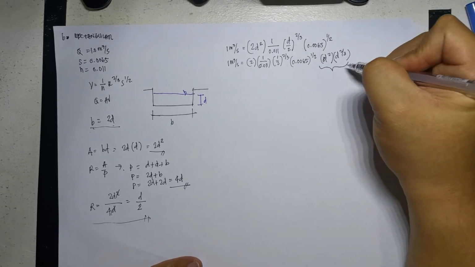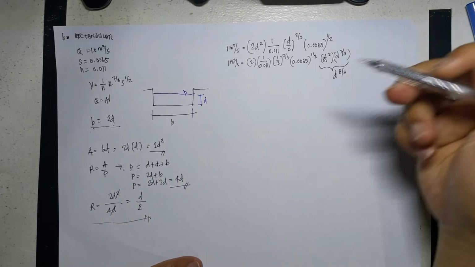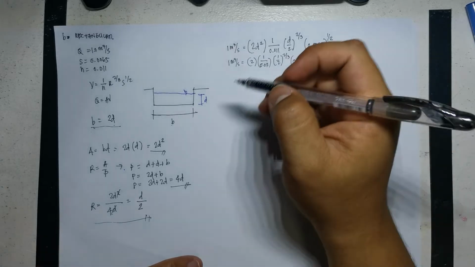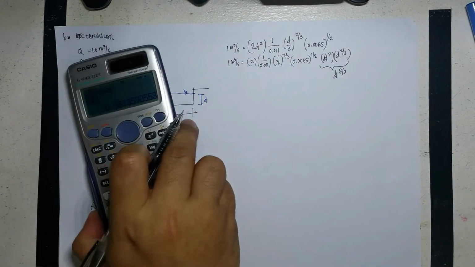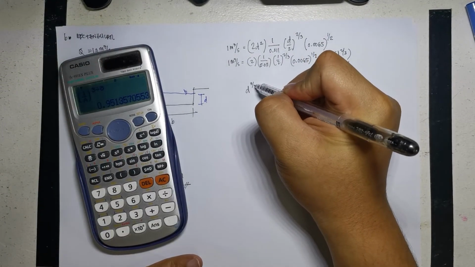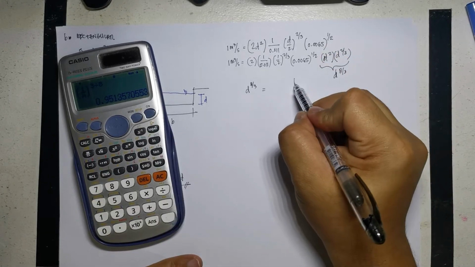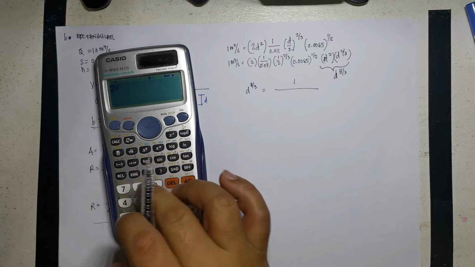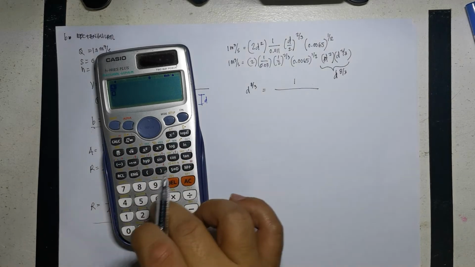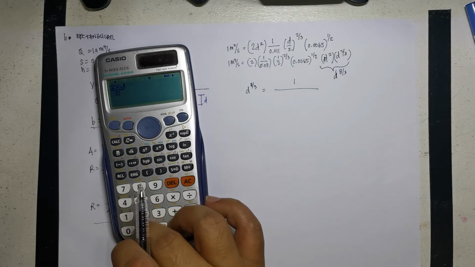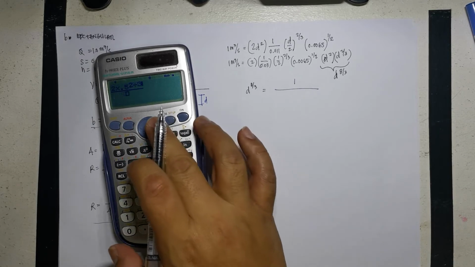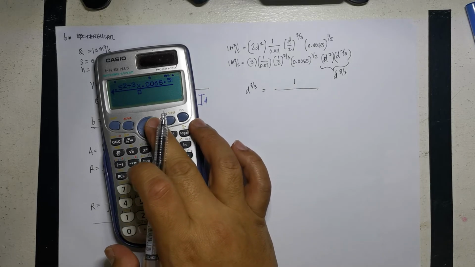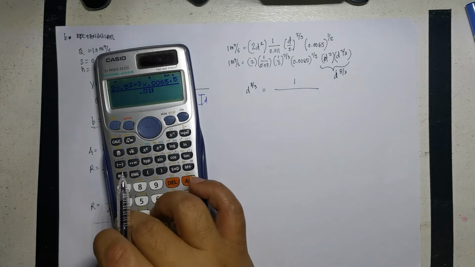So pag sinimplify natin to, we'll have D raised to 8 over 3 is equal to 1 over 2 times 1 times 0.5 raised to 2/3 times 0.0065 raised to 1/2 over 0.011.